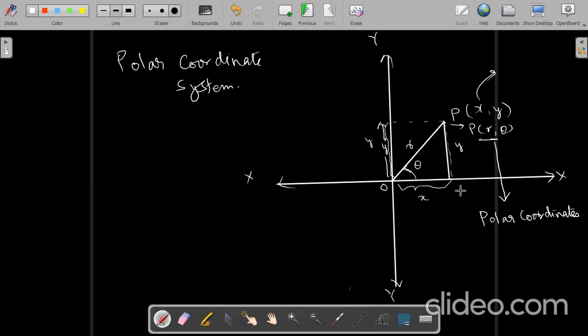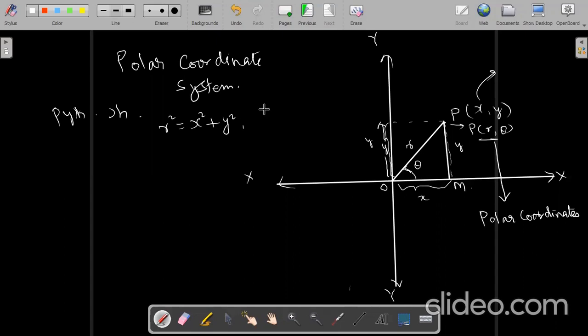Suppose the foot is M, then by the Pythagoras theorem, r square is equal to x square plus y square. So this is the relation between r, x and y.